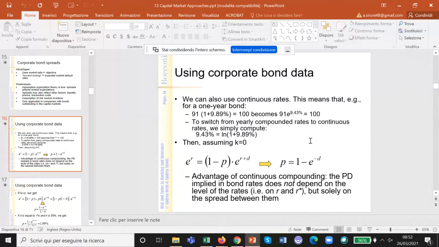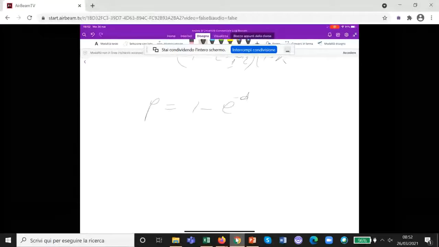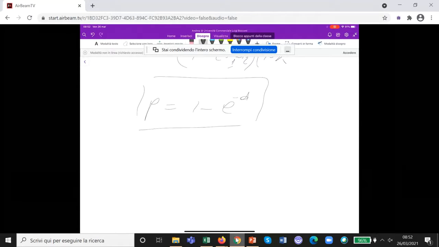Using continuous compounding, there is an advantage: the probability of default is not a function of the level of interest rate. So with continuous compounding, we have this kind of equation for the PD, while with simple compounding, remember, we had d divided by 1 plus r plus d.